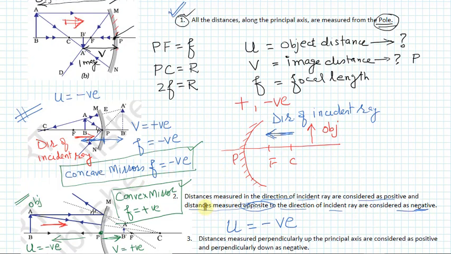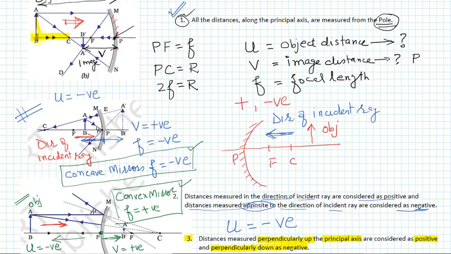And the last point of these sign conventions is point number 3. Distances measured perpendicularly up the principal axis are considered positive and perpendicularly down as negative. So that's quite simple and straightforward. If you see in this ray diagram, this is the principal axis.